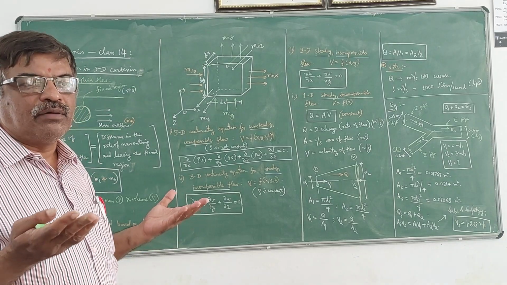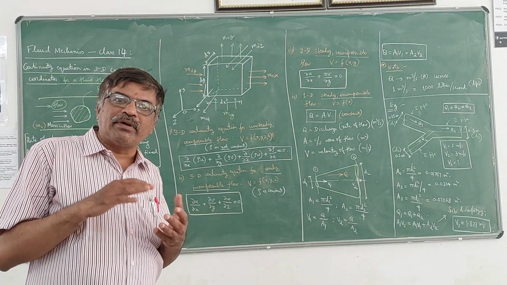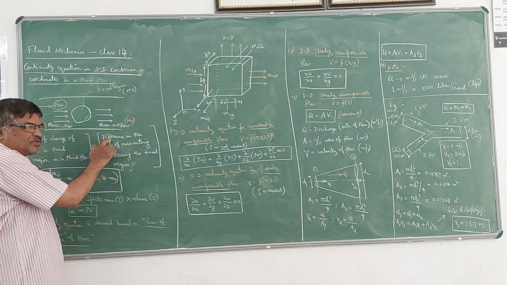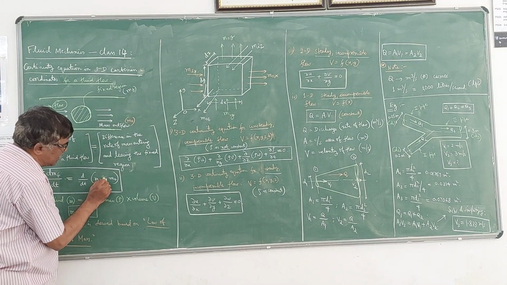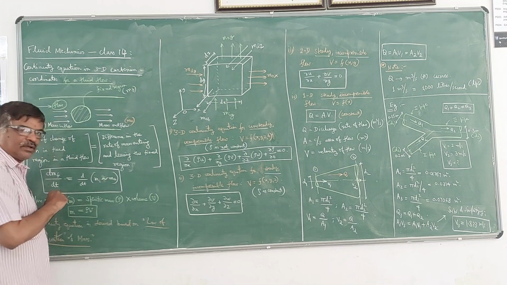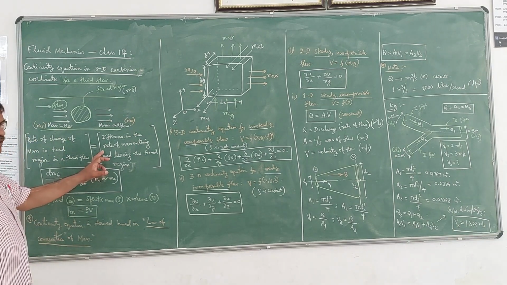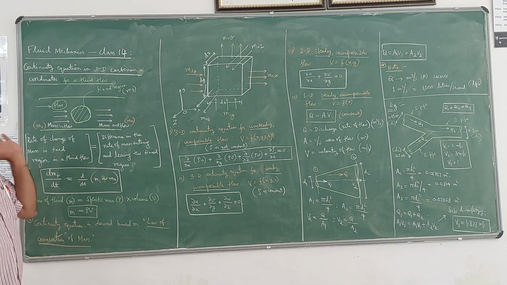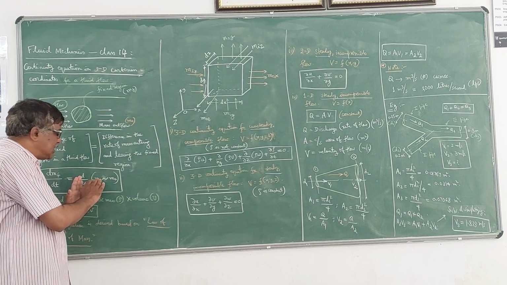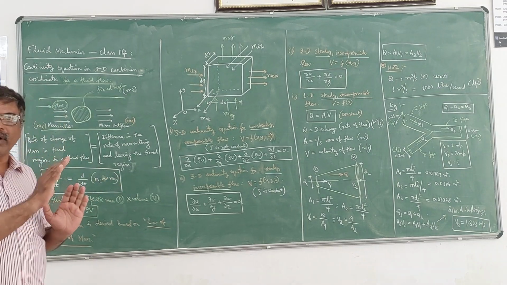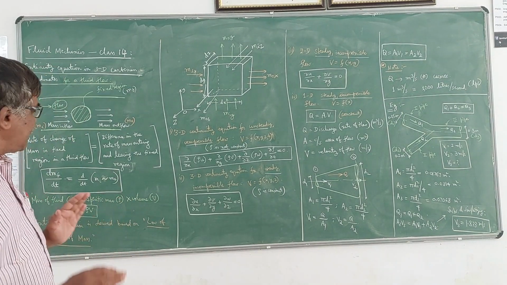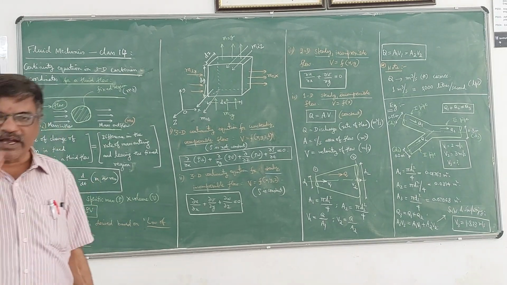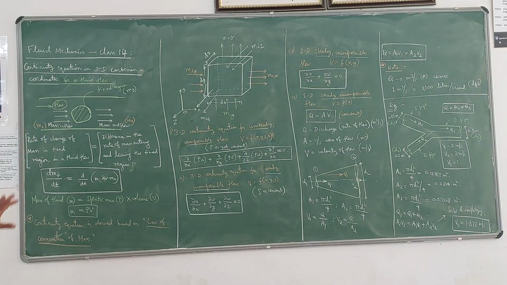Maybe mi may be more than mo or mi may be less than mo. That doesn't matter, which is why the word difference is used. Mathematically we can write the RHS term as d by dt of mi difference mo. If mi is greater than mo, you take mi minus mo. If mi is less than mo, we take mo minus mi. So higher minus lower value is what we take.